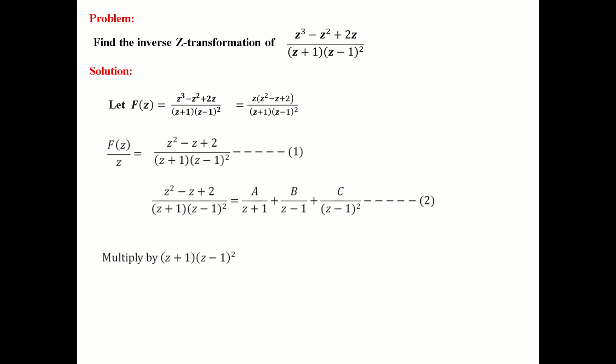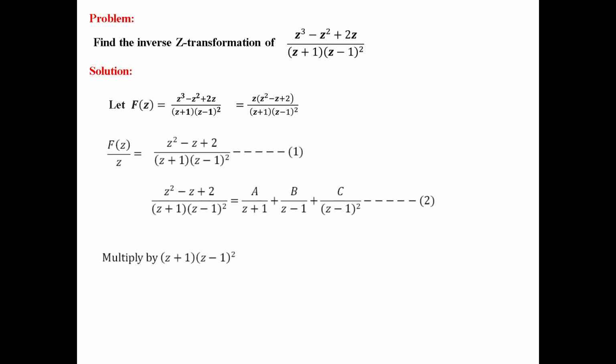Multiply both sides by (z + 1)(z − 1)². On the left hand side, the terms (z + 1)(z − 1)² get cancelled, remaining z² − z + 2. On the right, the first term is A(z + 1)(z − 1)²/(z + 1); z + 1 gets cancelled, so we get A(z − 1)². The second term is B(z + 1)(z − 1)²/(z − 1); (z − 1) gets cancelled, so B(z + 1)(z − 1). The last term is C(z + 1)(z − 1)²/(z − 1)²; (z − 1)² gets cancelled, so C(z + 1).